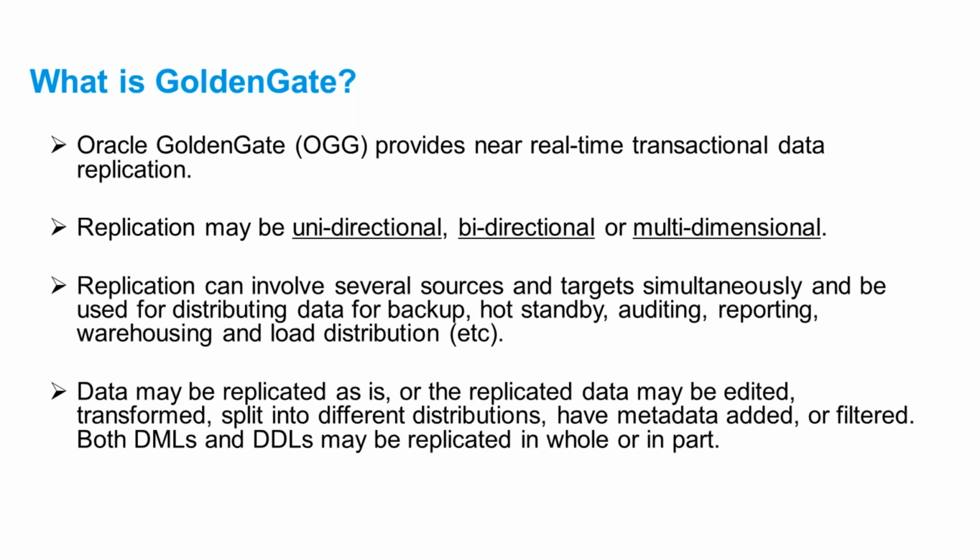So you can use Golden Gate for hot backup or hot standby, or you can use the target for auditing, reporting, warehousing. In the telecom and banking domains, your database consumes a lot of resources on reporting jobs. You consider how many resources it consumes, and it interferes with the OLTP transactions.